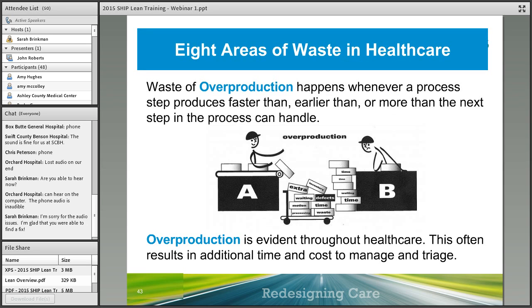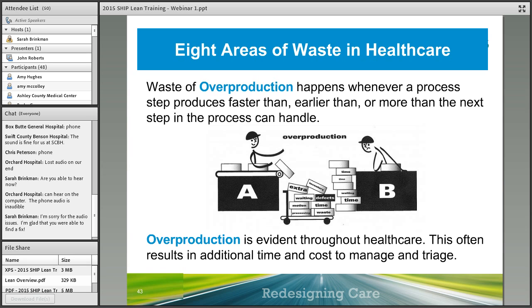So let's take a look at the 8 areas of waste and how they might look in the area of healthcare. The first one we're going to look at is overproduction. Really, overproduction is doing more than what's needed by the customer, or doing it sooner than is needed. A classic example of this may be doing unnecessary diagnostic procedures. Many times we get into the habit of just-in-case thinking.